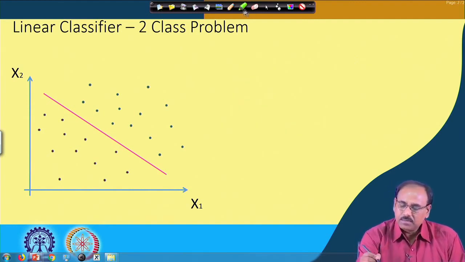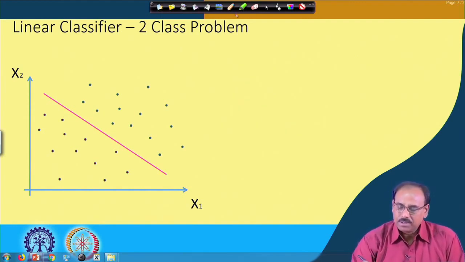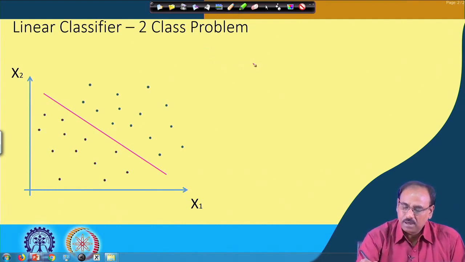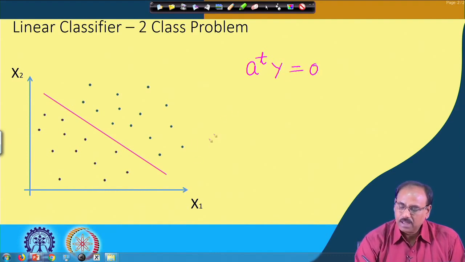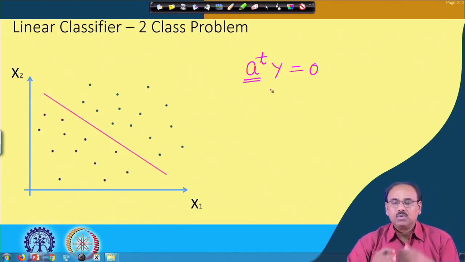Given this, we have our decision boundary given by A transpose y is equal to 0, that means the vector A is orthogonal to the plane separating the two sets of feature vectors. So, can we try to find out what should be the limits on A?